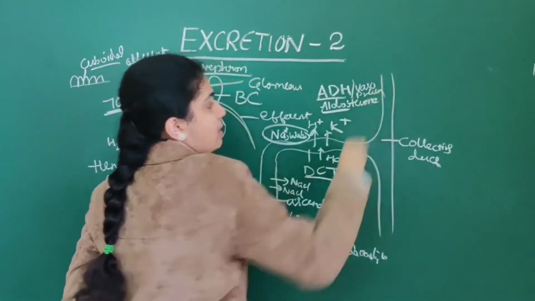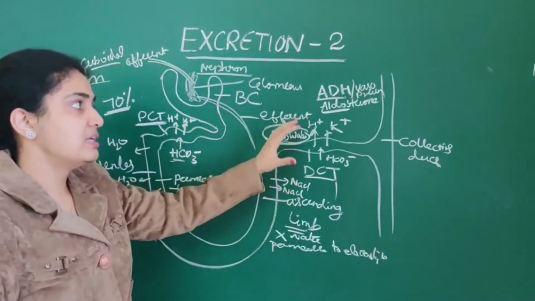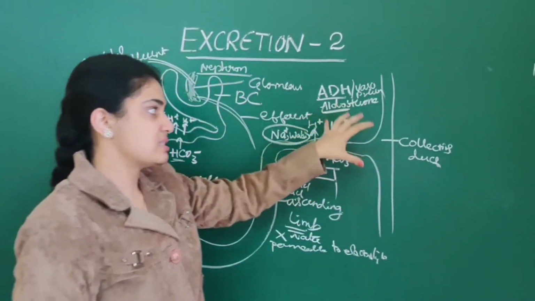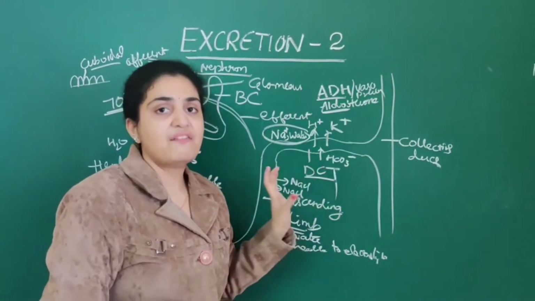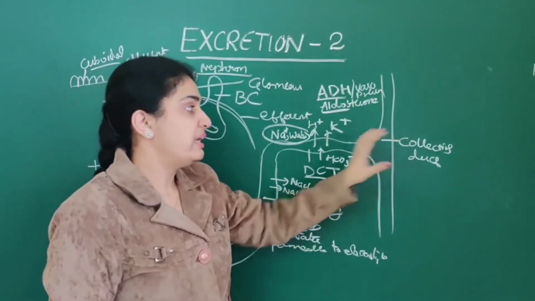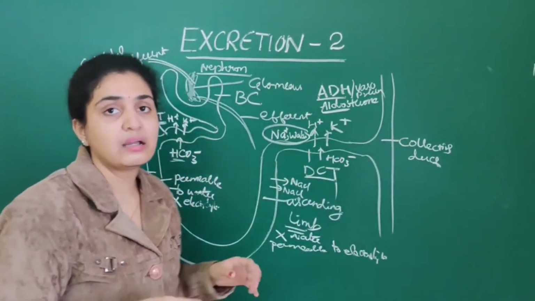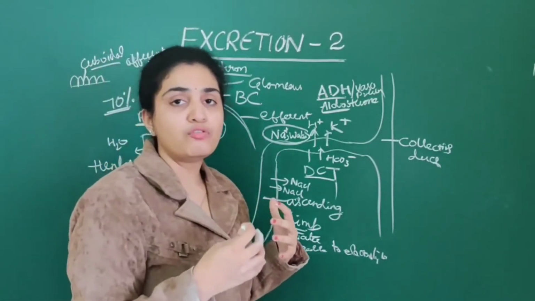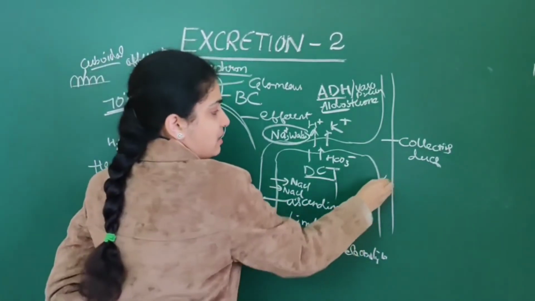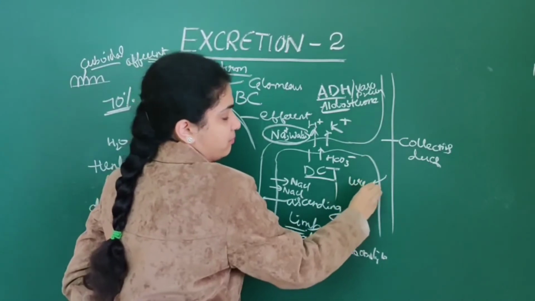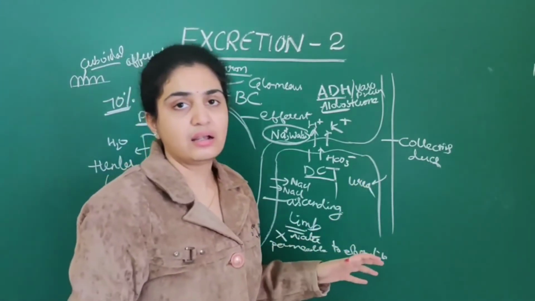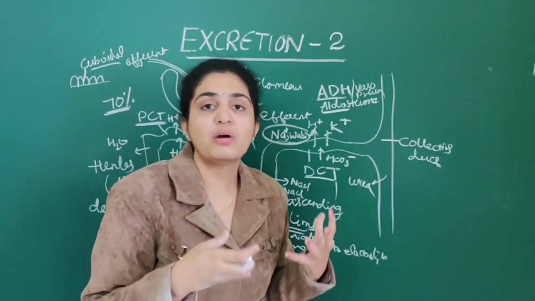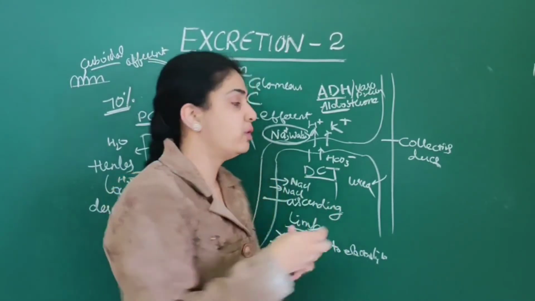Vasopressin. So mainly ADH or vasopressin or aldosterone play a very important role. When it comes to the collecting duct, the maximum amount of urea comes out through it to produce so much concentrated urine.